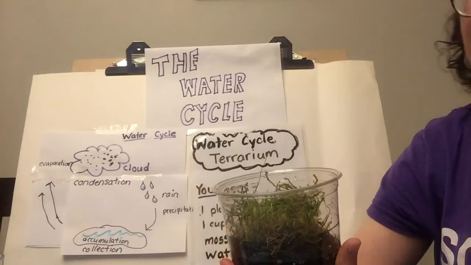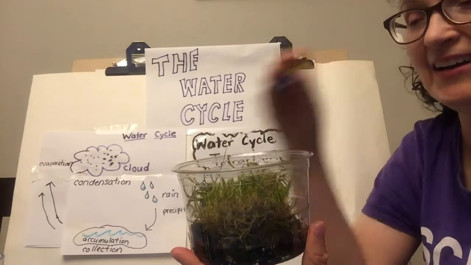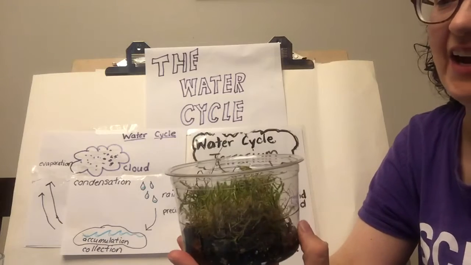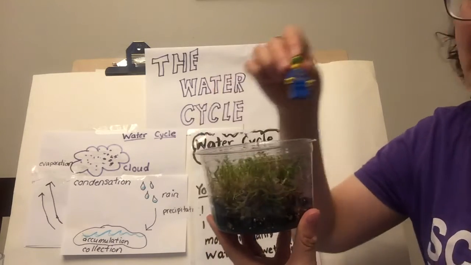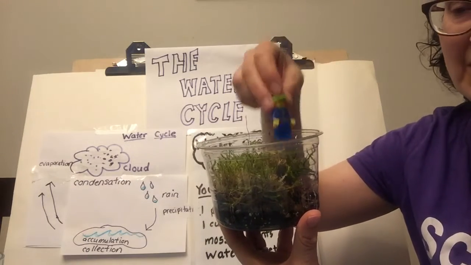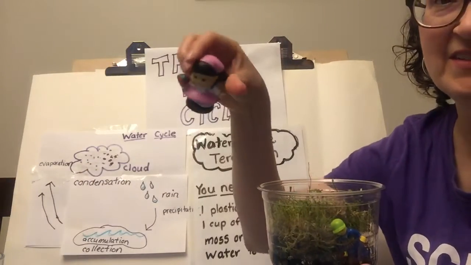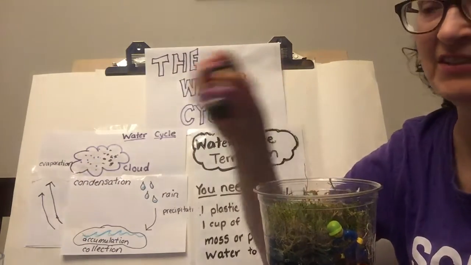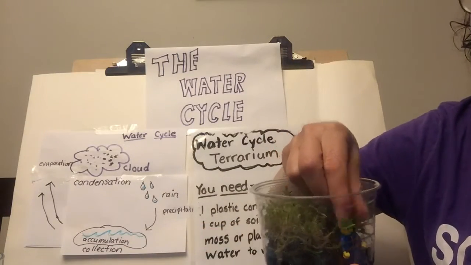If you would like, since this is going to be your water cycle, you can add whatever you like. You can add a little person if you want, a little Lego man, or, you know, there's this little gal, anyways, you can put whatever you want inside of your terrarium.